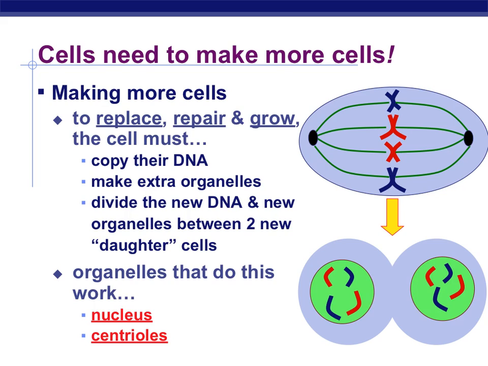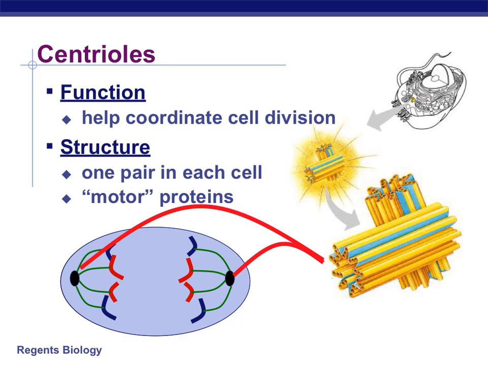Without really going into much detail about cell division, the idea of what centrioles do is kind of tough to grasp, but they help coordinate cell division. And really what they do is they act as anchors and motors that are going to make sure that the genetic information is going to be split evenly and correctly when this cell splits.